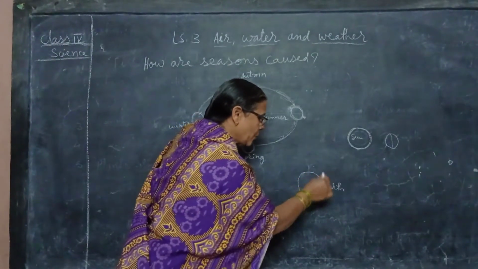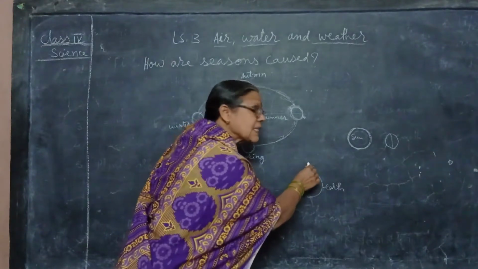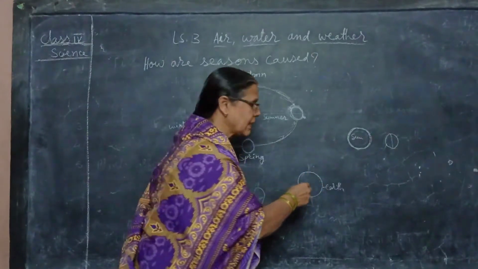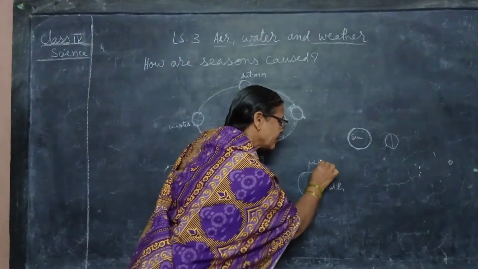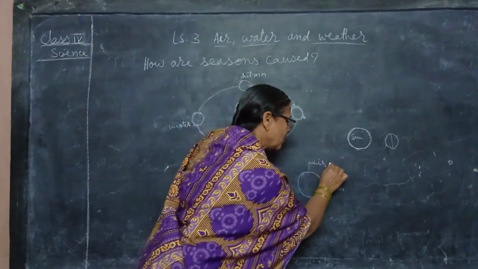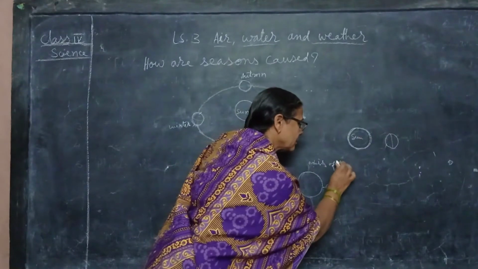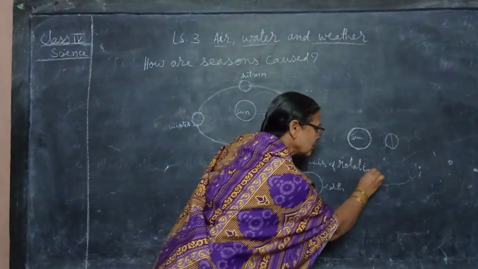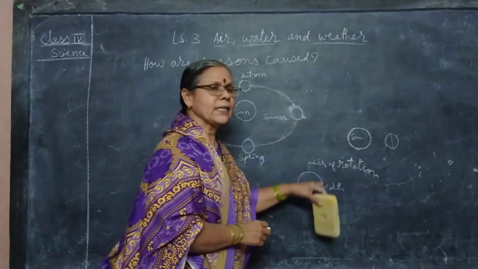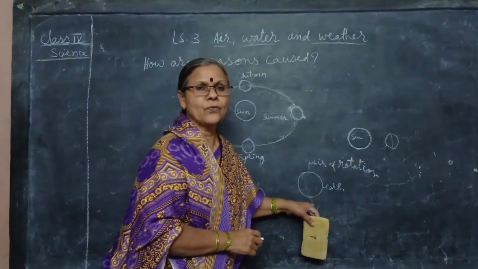So this is the north pole and this is the south pole. This imaginary line is called the axis of rotation.